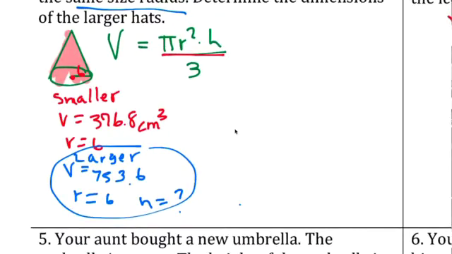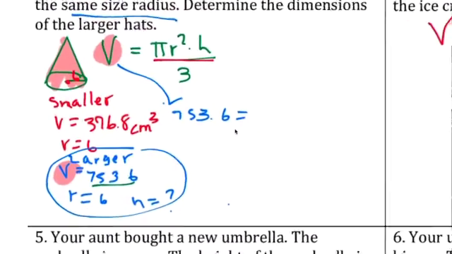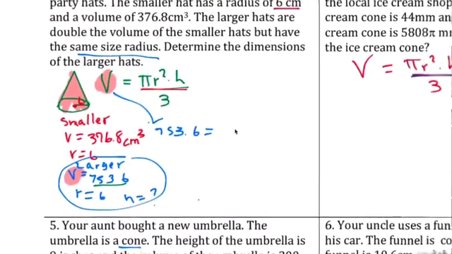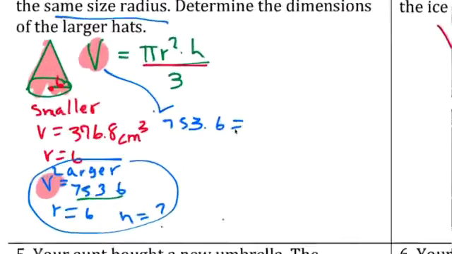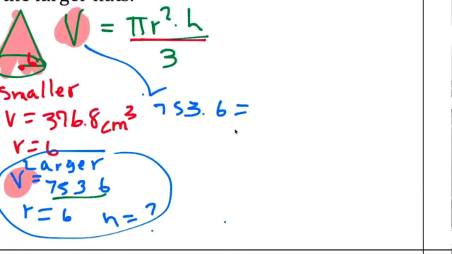So we know that volume, V, right here, is this number. So we're going to put this V to be 753.6 equals pi, which, did they say to use 3.14? No, it did not. Pi times the radius, which is 6 squared, and we're trying to find height.